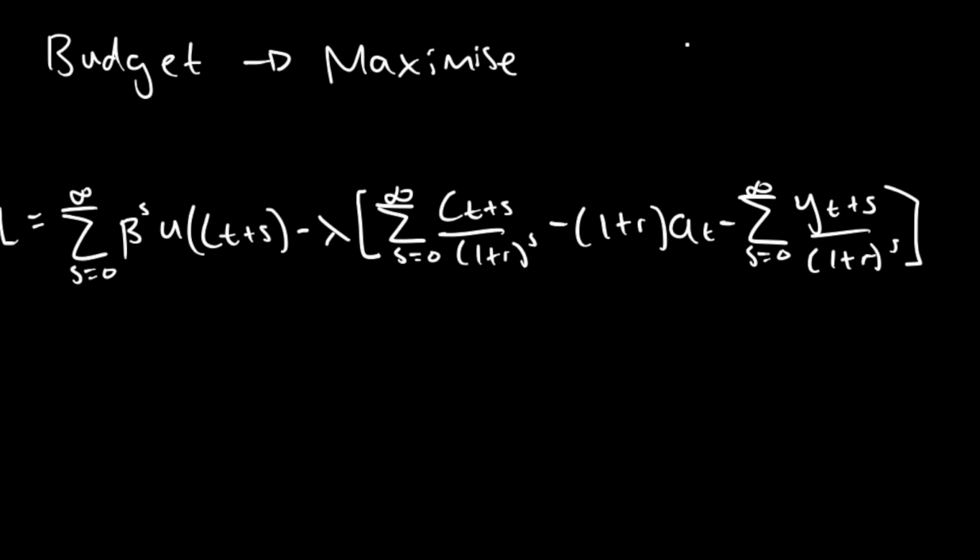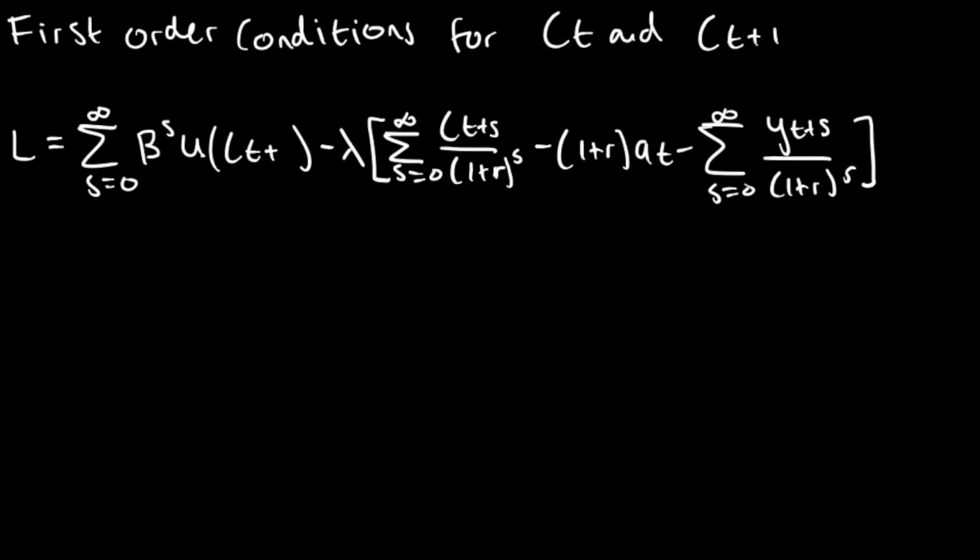Here's the function that we want to maximize, and here is the constraint. The budget constraint limits us, so we can't just obviously consume infinite amounts of consumption. We're limited by our budget constraint. So here's the constraint, here's the function we want to maximize, and this whole equation is our Lagrangian that we're going to use to maximize this function.